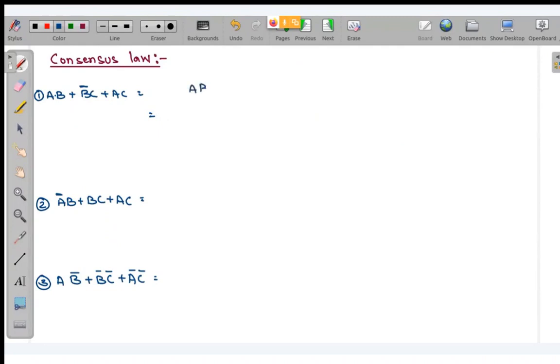So this I can write as AB plus AC plus B bar C. And what can I write over here? I'm stuck a little bit over here.